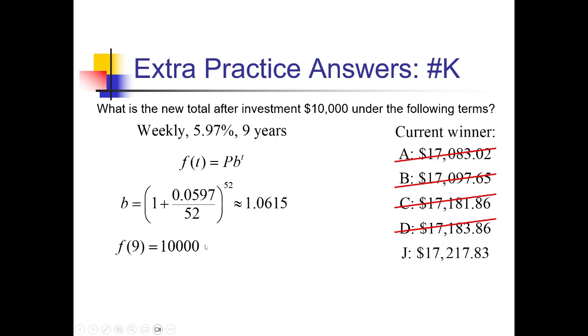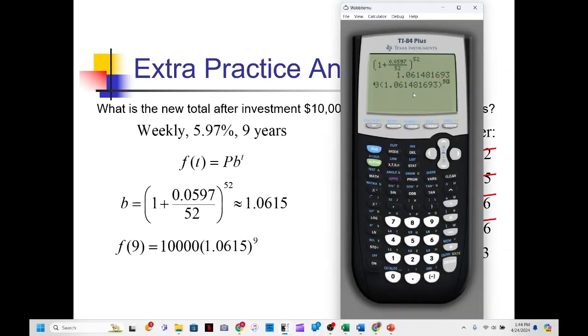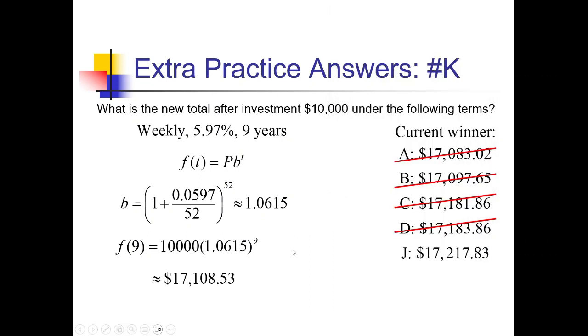So that's 10,000 times about that much, raised to the 9th this time. All of that is going to give me about $17,108.53 on the calculator, which doesn't beat Plan J. So J at least gets to keep the crown a little bit longer.